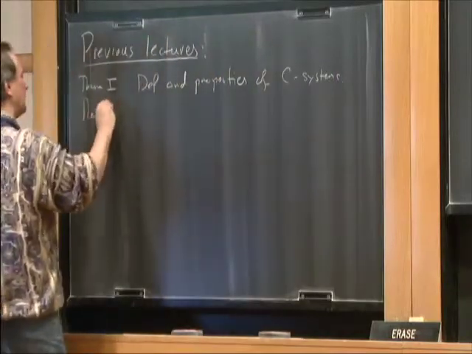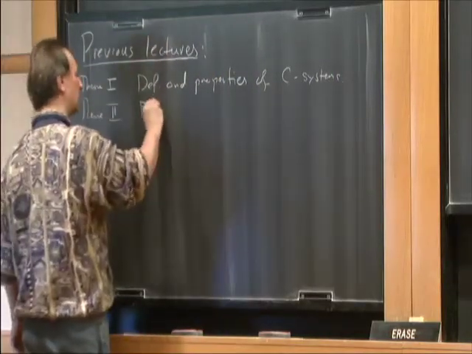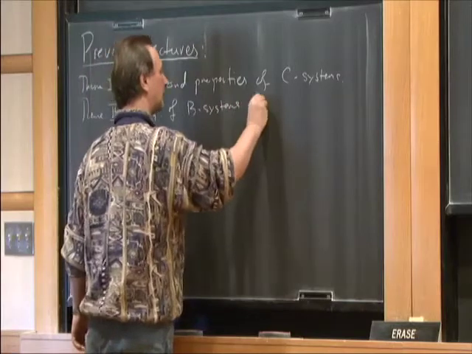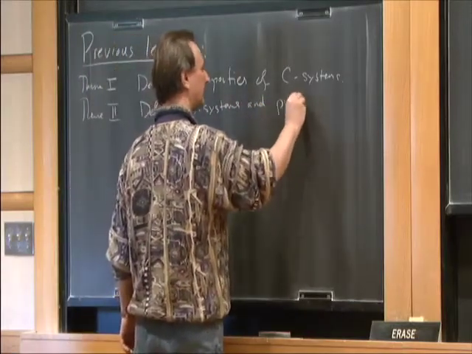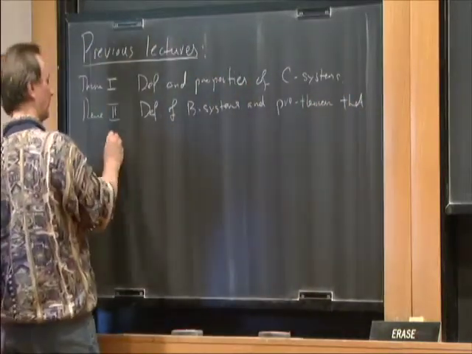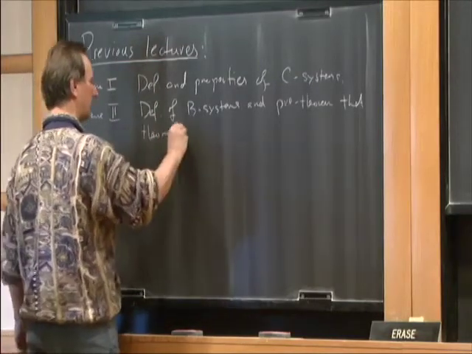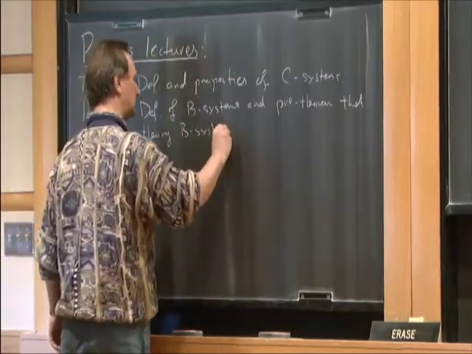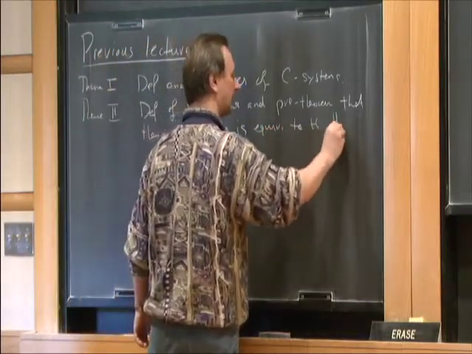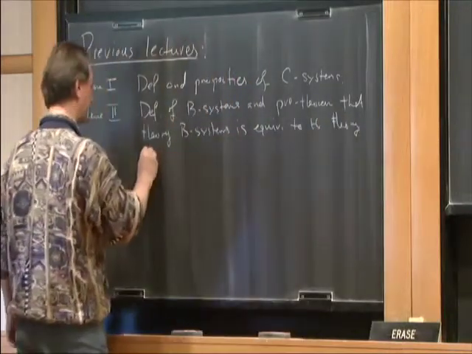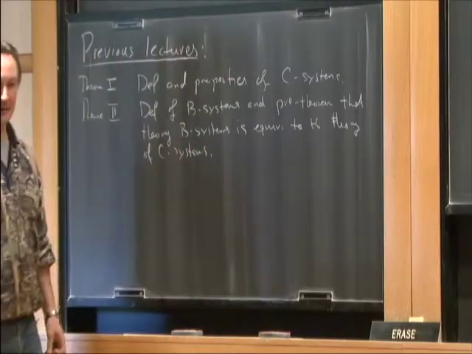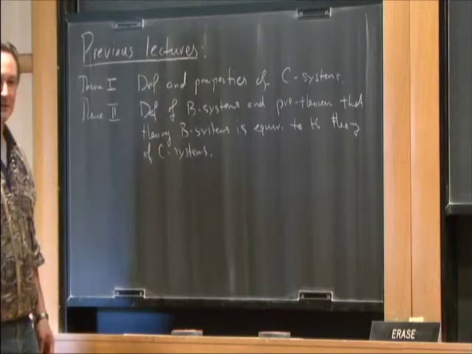We had theme 2: definition, partial definition of B systems, and the pre-theorem that the theory of B systems is equivalent to the theory of C systems. And this pre-theorem is what Peter and Chris are now working on formalizing.